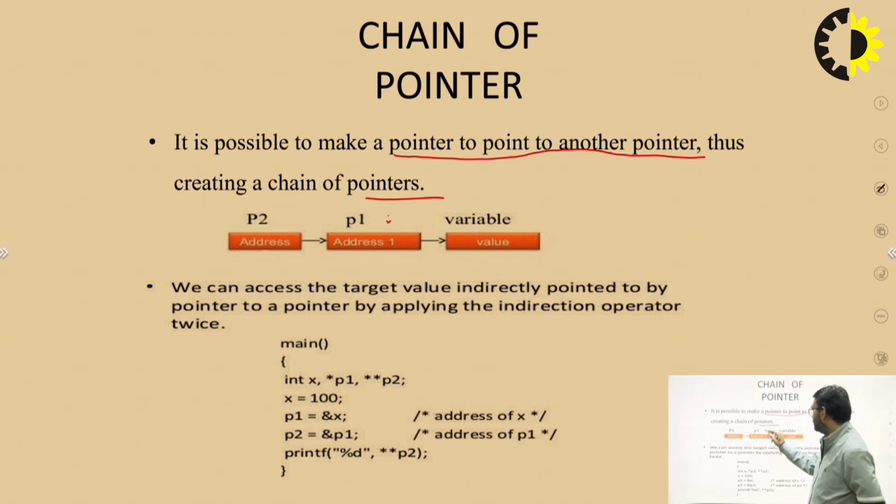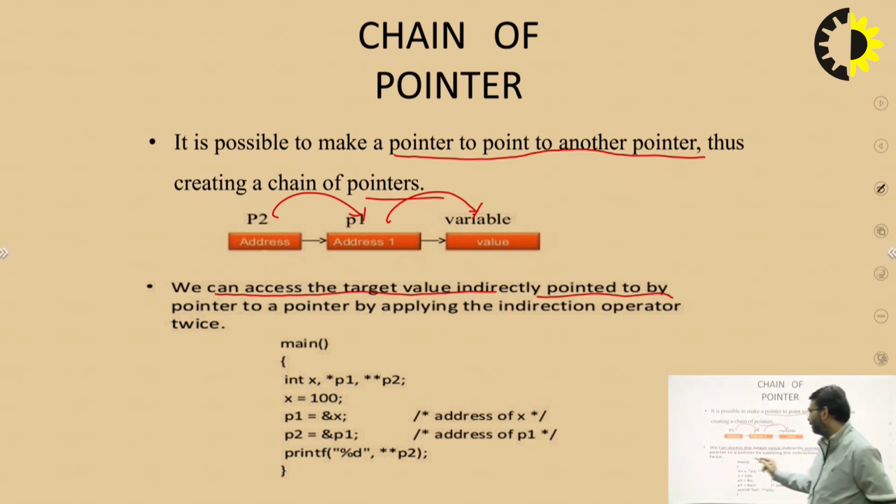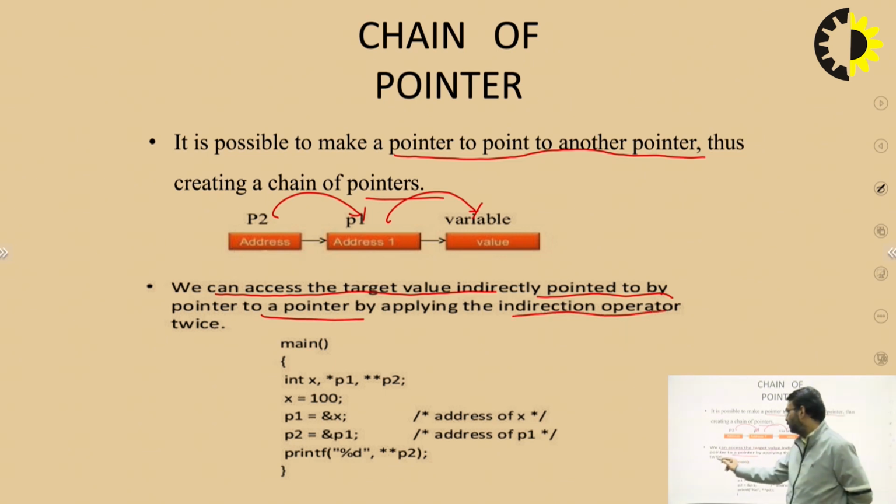So first p1 consists the address of a variable, then p2 consists the address of a pointer. This is called a double pointer. Whenever a pointer consists the address of another pointer, it is called a double pointer. So we can access the target value indirectly pointed to by a pointer to a pointer by applying the indirection operator twice.